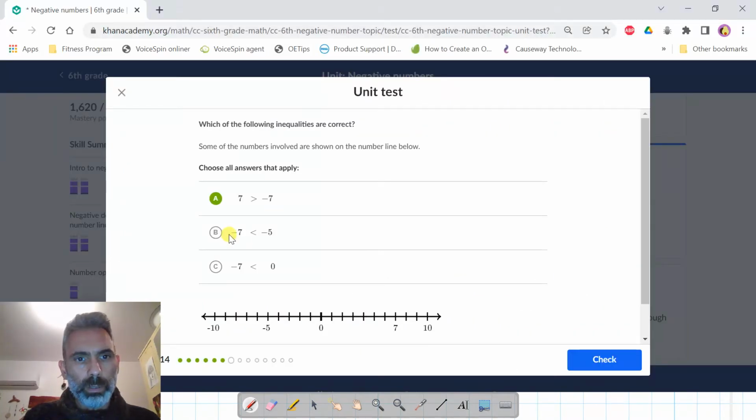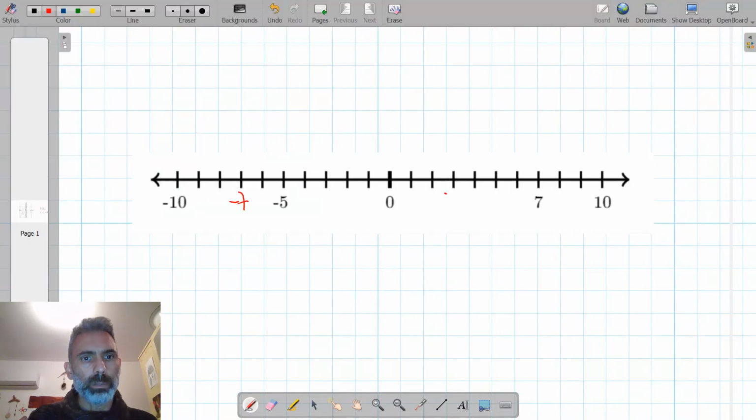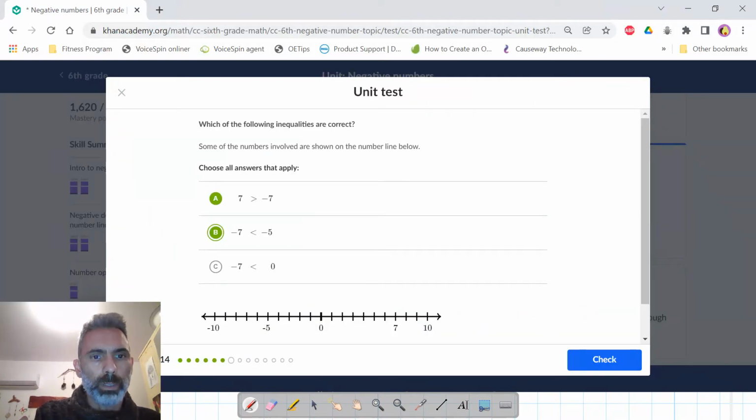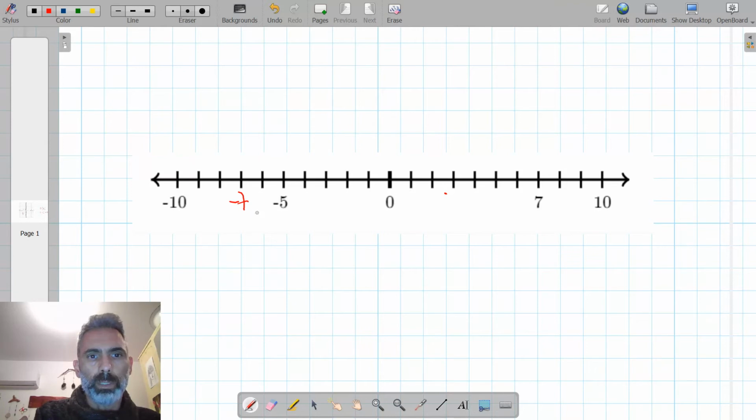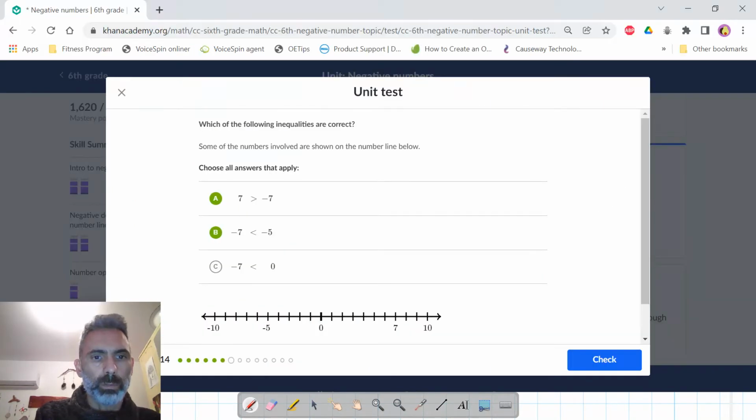So option B is not correct. -7 is less than, not greater than, less than. Okay, so that is also correct. -7 is to the left of -5 so it's less than -5. Negative 7 is less than 0. That is also correct because negative 7 is to the left of the 0.